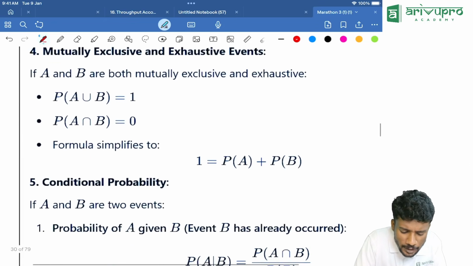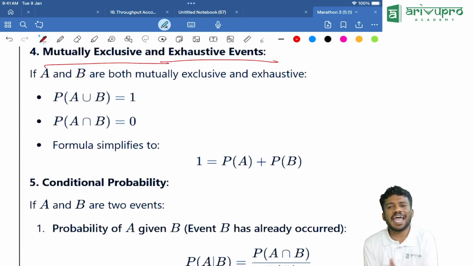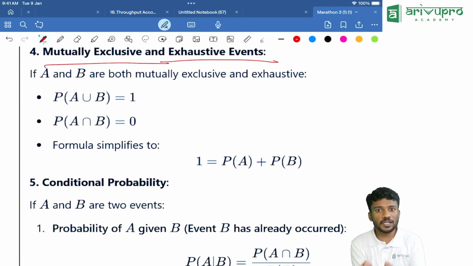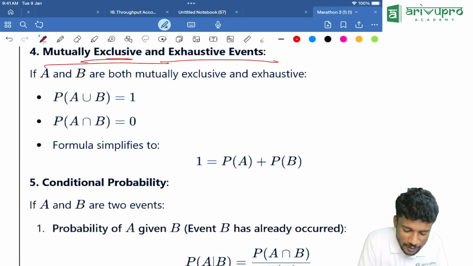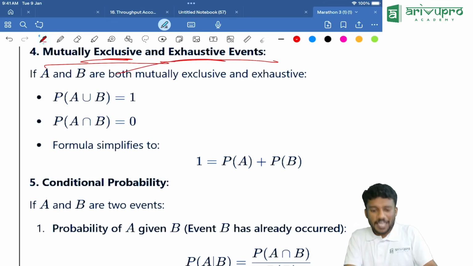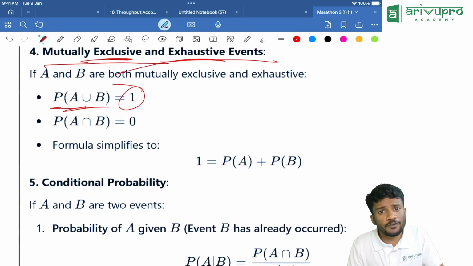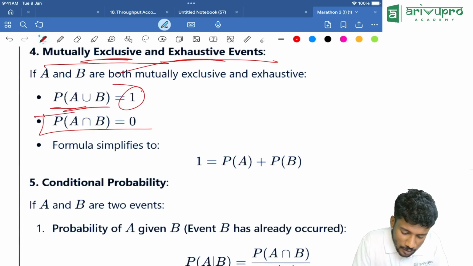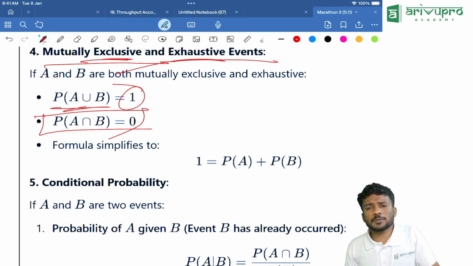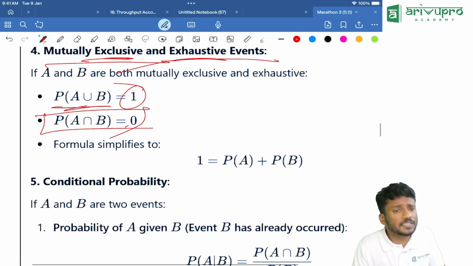Then there is something called mutually exclusive and exhaustive events, at the same time. Union will be equal to 1, that is the rule for exhaustive events. Mutually exclusive events have intersection equal to 0.